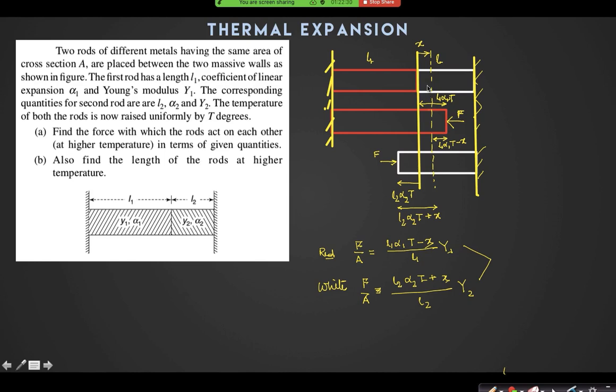No. If one rod had two ends connected between walls, definitely it would have the same length. But here this junction is free to move, no one is going to resist the motion of the junction where the force F is there. That is why this junction will shift by X.